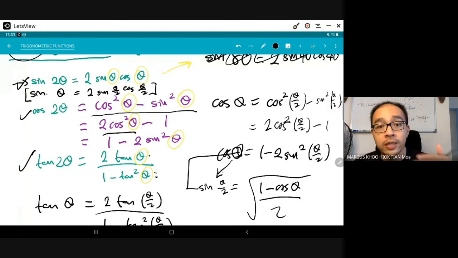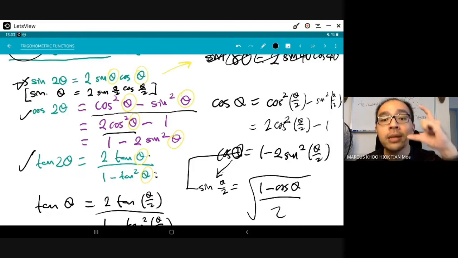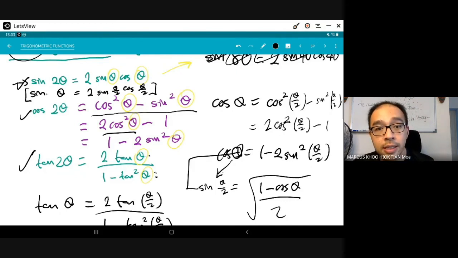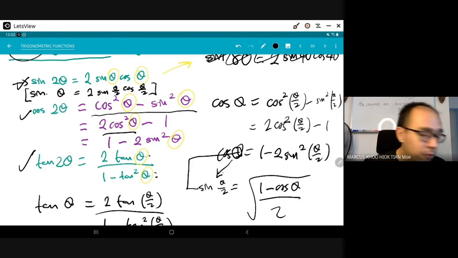Just like the complementary angles, I told you already, please don't memorize sine theta equals cos of 90 minus theta. It is a waste of time. Remember the concept, so you don't burden yourself with all these unnecessary things to memorize. So my suggestion is this: derive the formula on your own from the double angle formula.